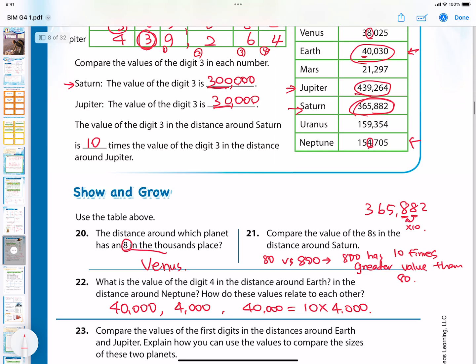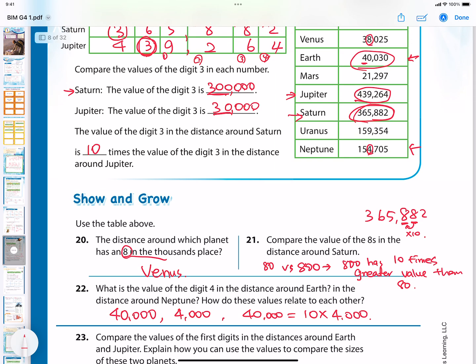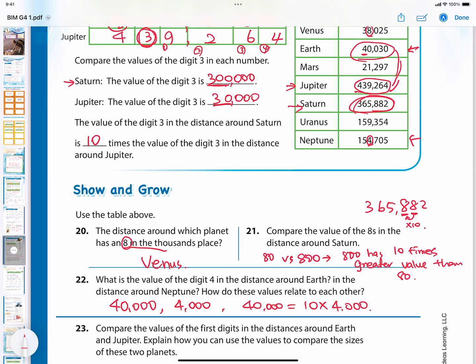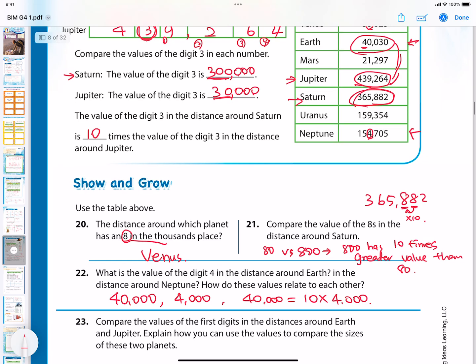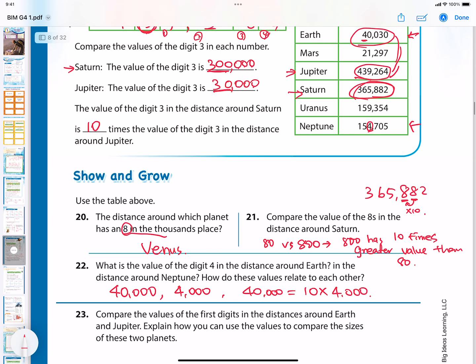Earth and Jupiter, let's take a look. Earth is 40,030 and Jupiter is 439,264. Explain how you can use the values to compare the sizes of these two planets. So now let's compare. The value of Earth is 40,030 versus 439,264.